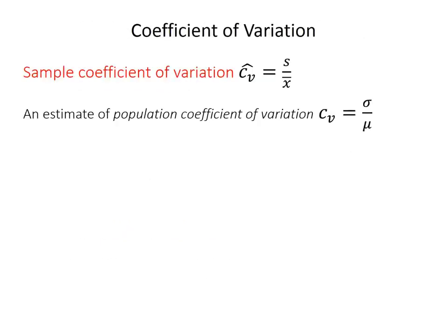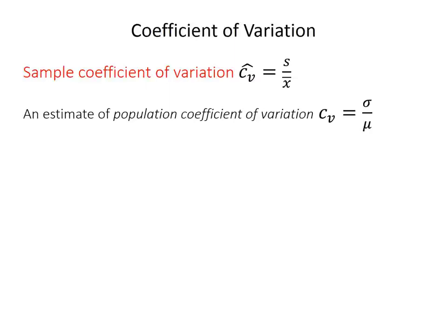We can avoid the fact that the variance has some relation to the mean by calculating something called the coefficient of variation, which is just the sample standard deviation S divided by our sample mean x bar. Again, remember that we're always using a sample to estimate parameters of a larger population.